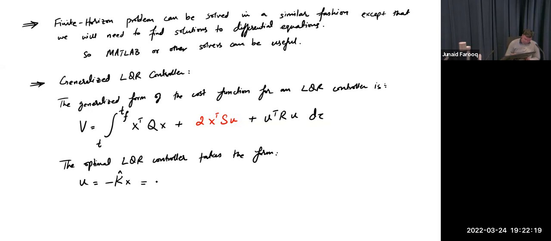And it turns out that this is R inverse B transpose M hat. That's pretty much the same, but there's an S here. And then there's an x. So this basically is the K hat for the generalized case.